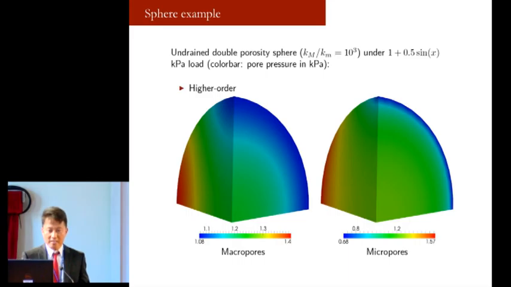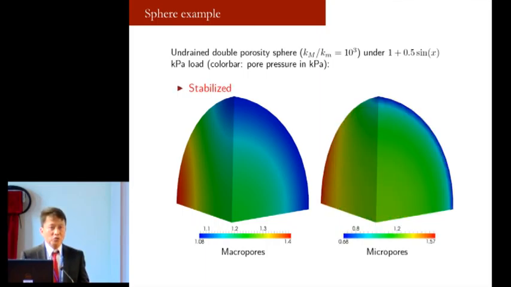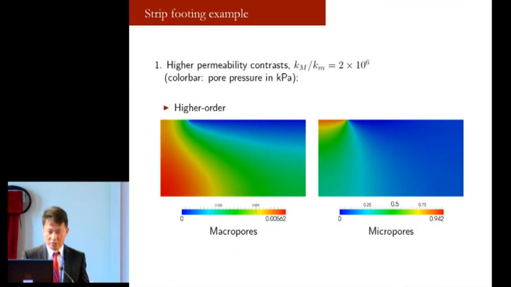And this is the last example. We recall the sphere problem. Higher order elements, no pore pressure oscillation. We recall that if we use the unstabilized Q1P1 element, there is pore pressure oscillation not only in the micropores, but also in the macropores. And then we use the stabilized Q1P1 element, and we were able to get rid of the spatial oscillation of the pore pressures.